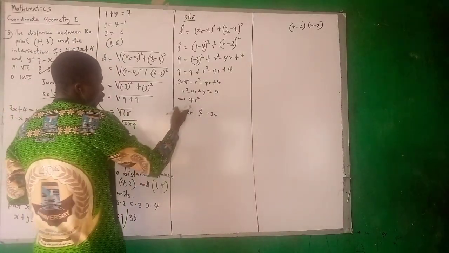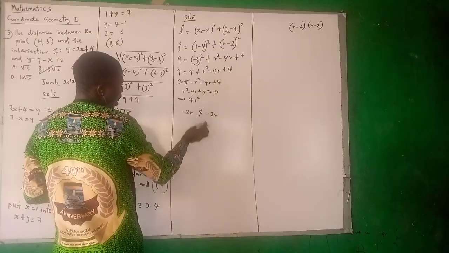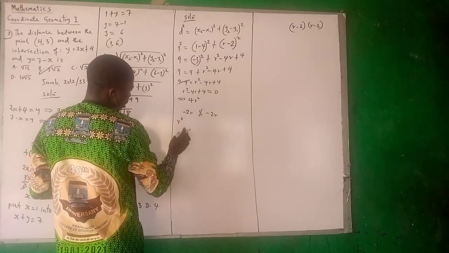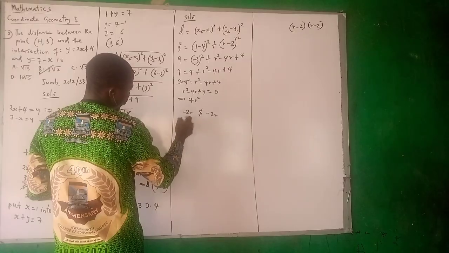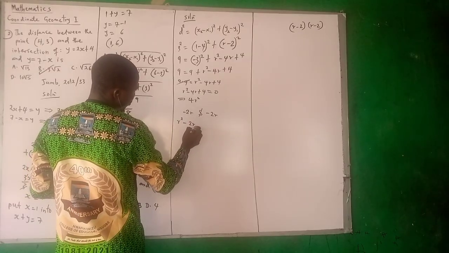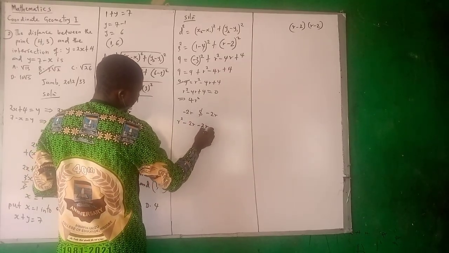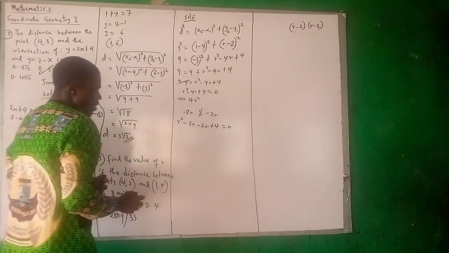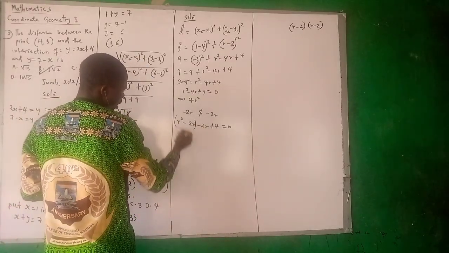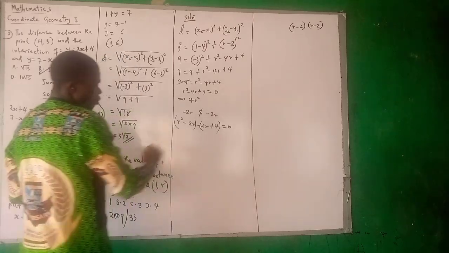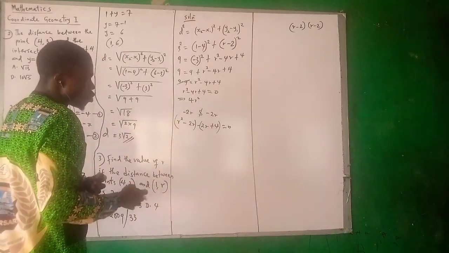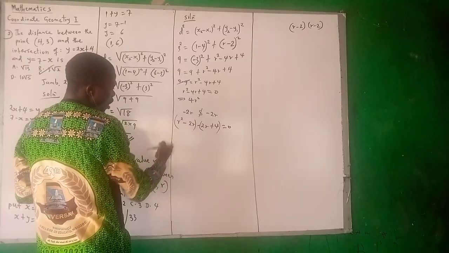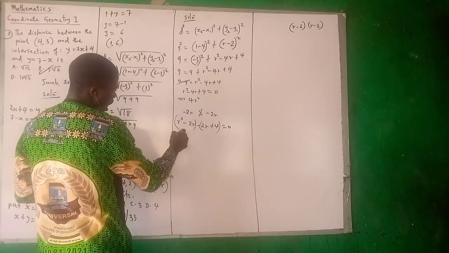Then I remove the middle term and put these there, so we have r squared minus 2r minus 2r plus 4 equal to 0. Now I group it into two, since there are four terms, and factor out the common factor. The common factor in the first group is r.